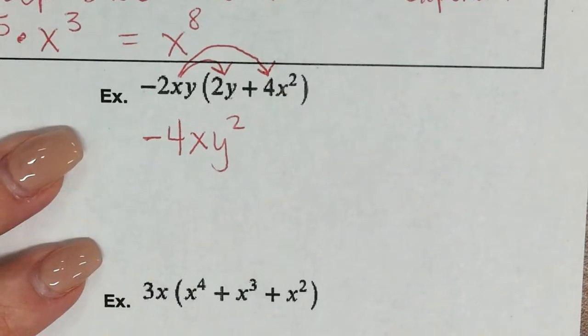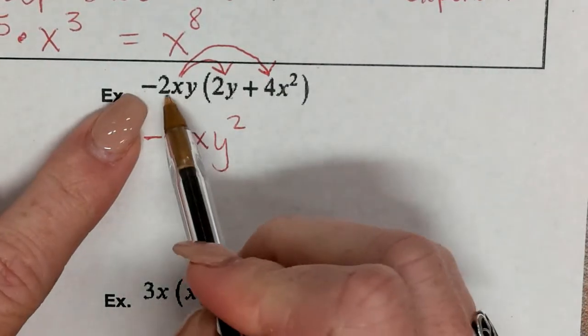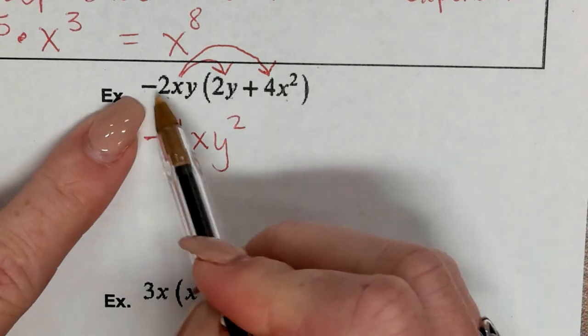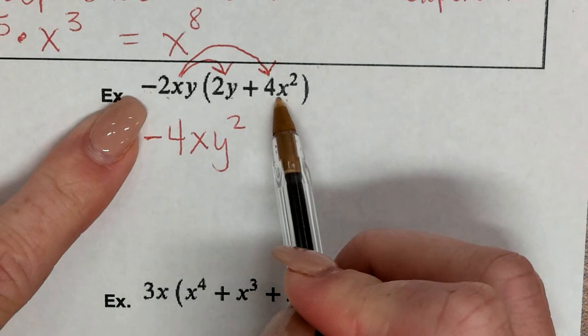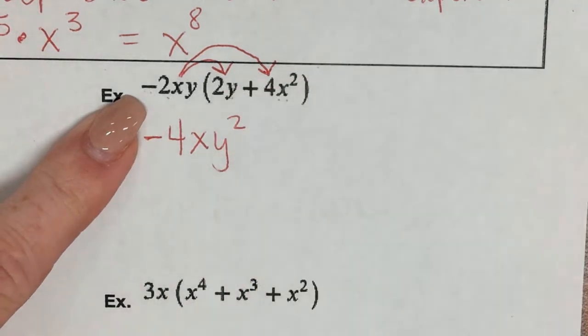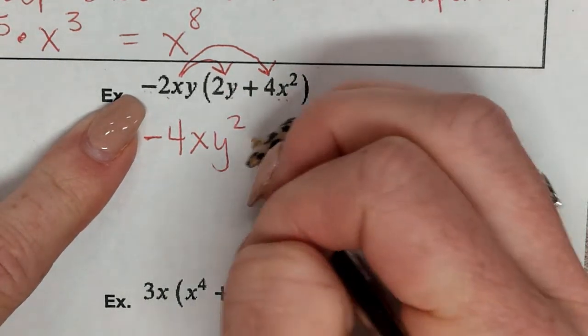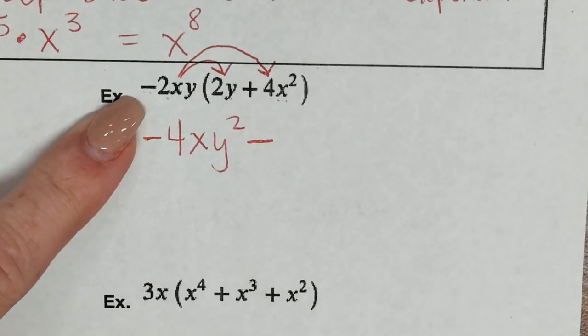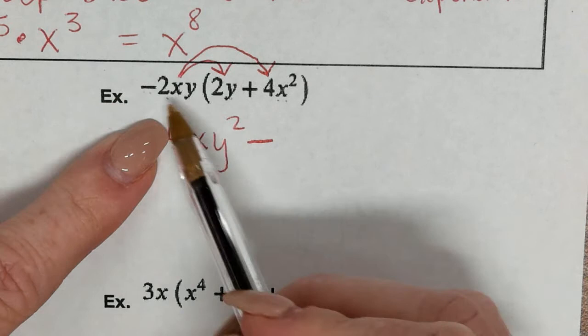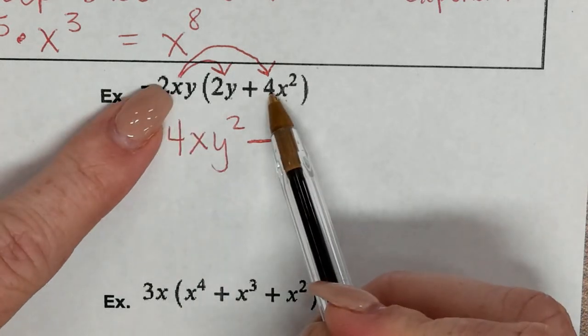Okay? Now I need to do this times this. Well, what is a negative times a positive? So this plus sign isn't going to be a plus sign anymore. It's going to be a minus sign. Or could I write plus negative? Yes. Okay, so 2 times 4 is?